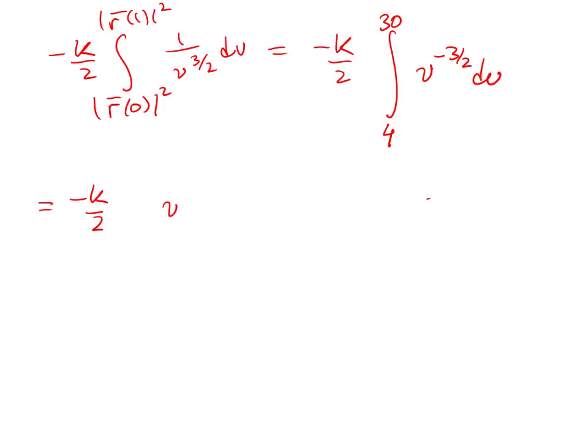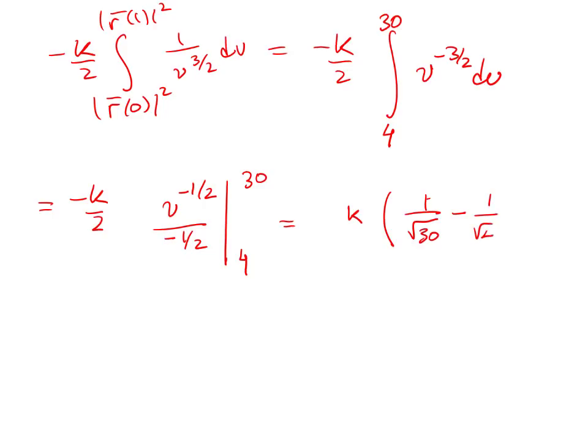So you get u to the minus half, divided by minus half, evaluated from 4 to 30. And if you work this all out, this half cancels with the 2, and you just get k times 1 over square root of 30 minus 1 over square root of 4.